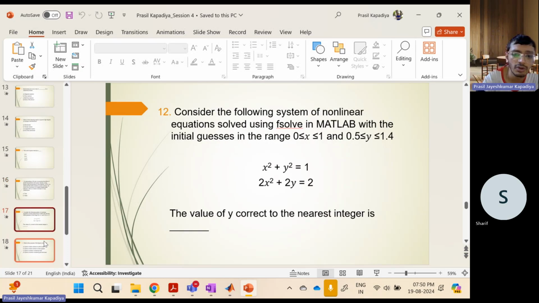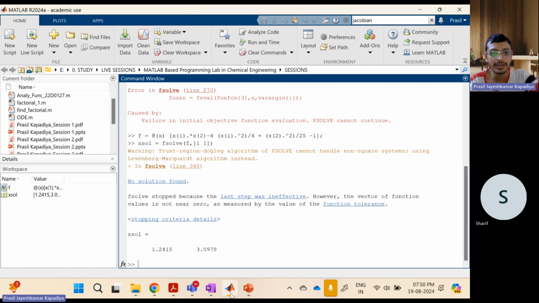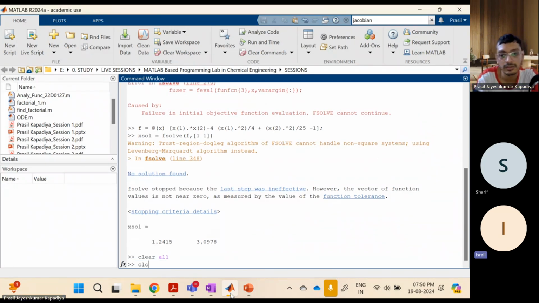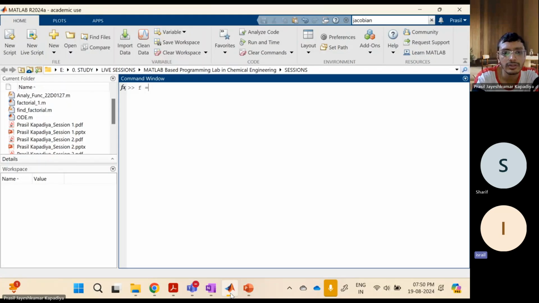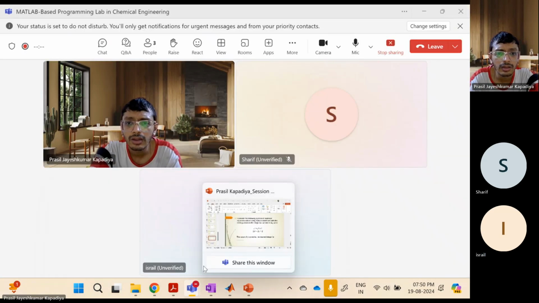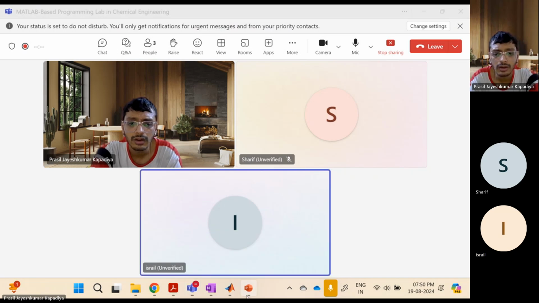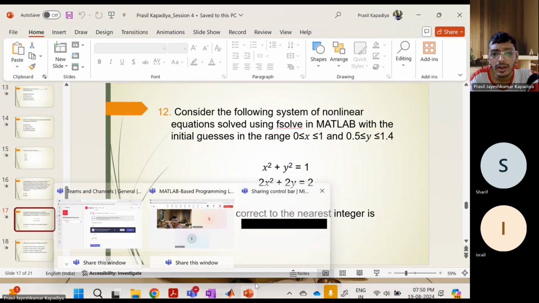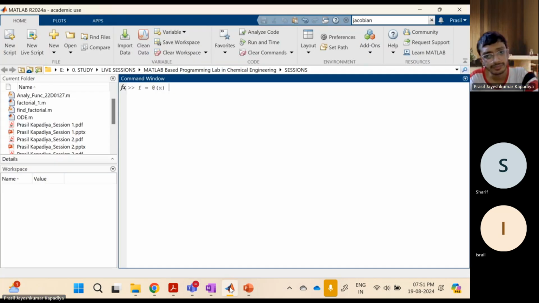Okay, again, we are supposed to solve this equation. So let's solve it, but let's be really careful. x(1) square plus x(2) square minus 1 is my first equation.